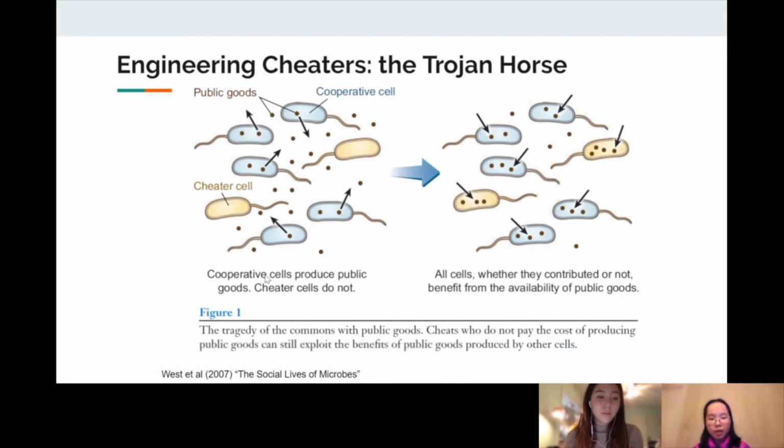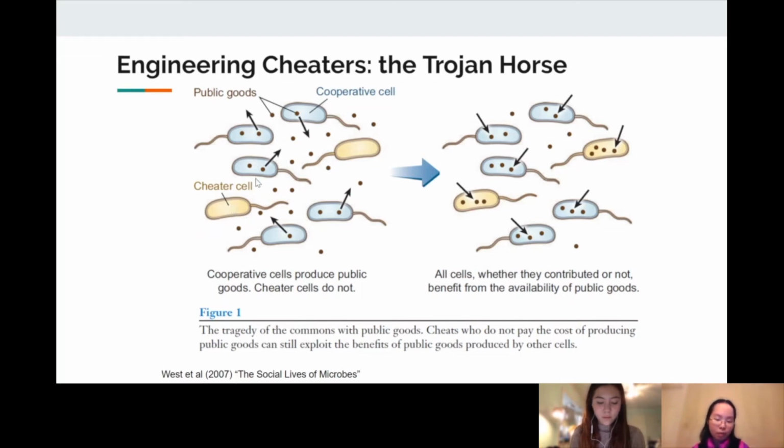But what if we engineer cheaters? Cheaters are cells that otherwise are genetically the same as the other cells in the population of that species. They simply are unable to undergo programmed cell death.